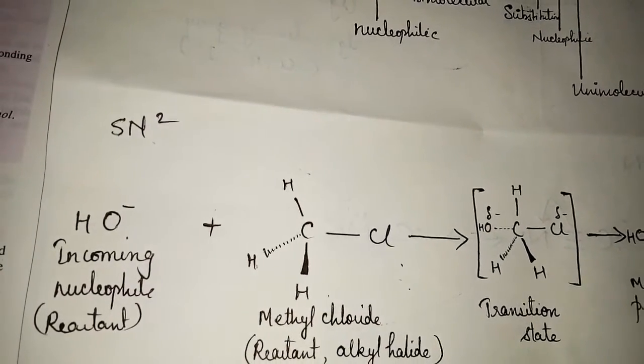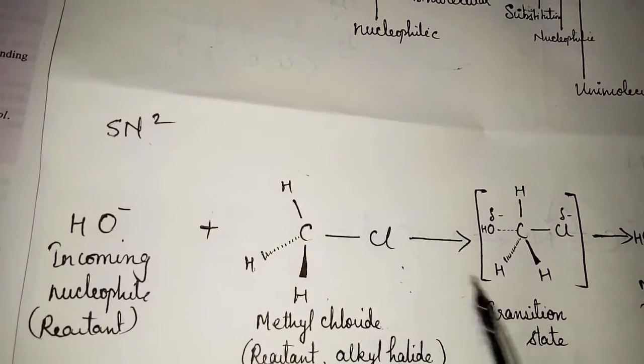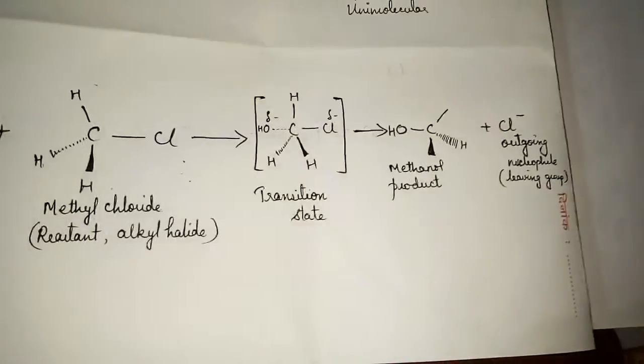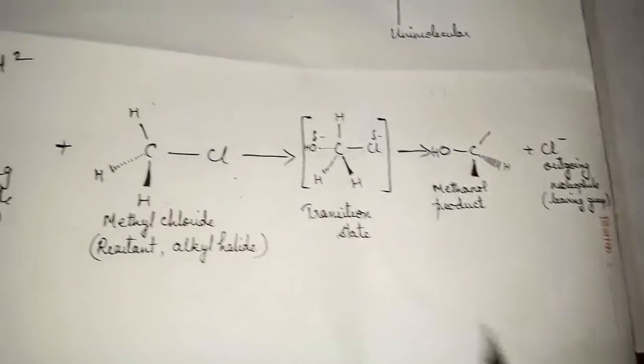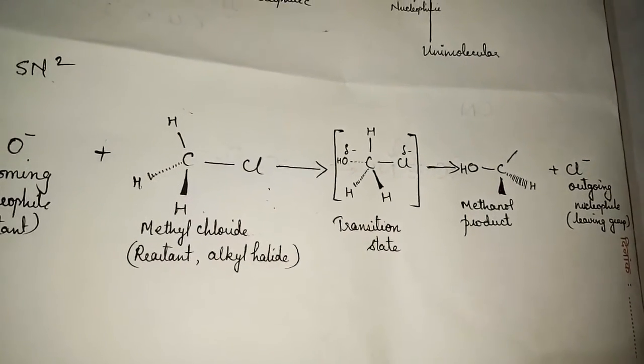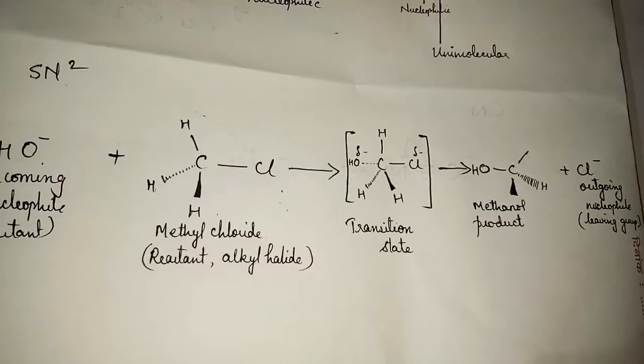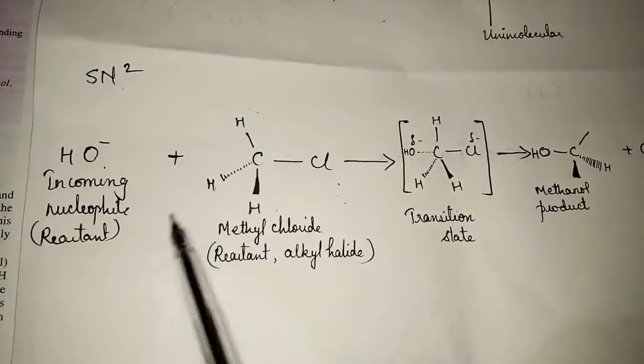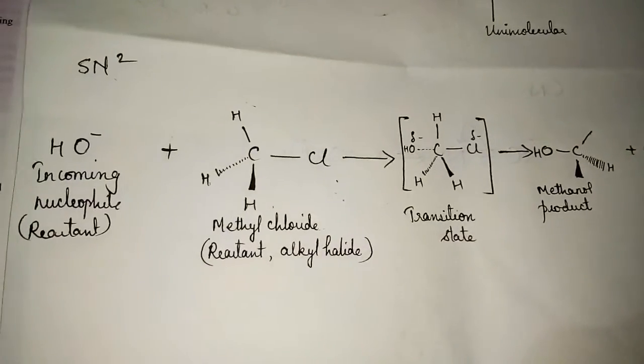These two processes take place simultaneously in a single step. You can see only one step is taking place and no intermediate is formed. Means SN2 reaction takes place in one step.